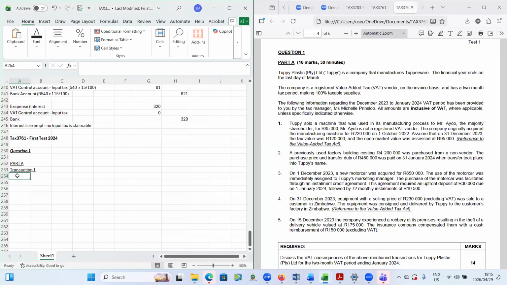Okay, according to Sina, Tapi Plastic PTY LTD should raise output tax, isn't it?